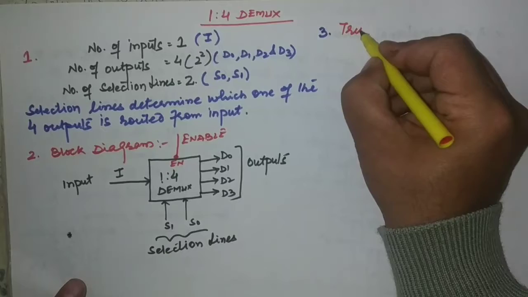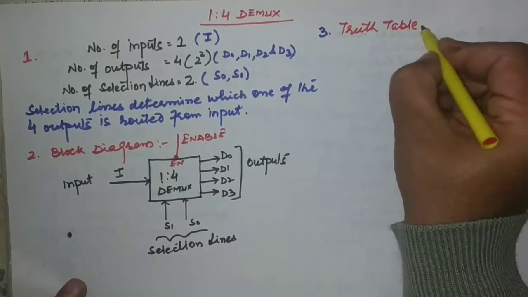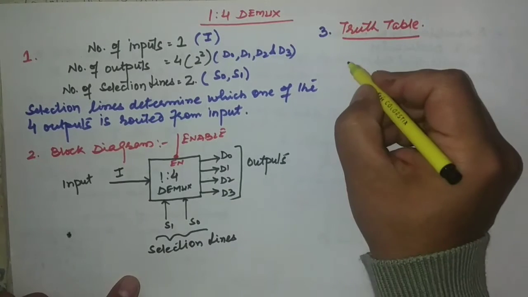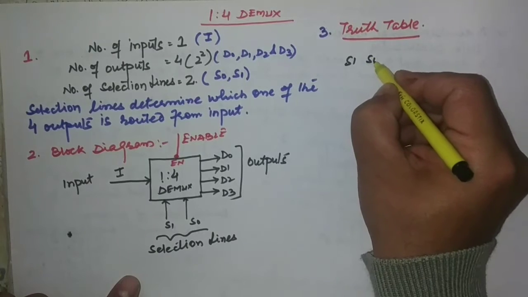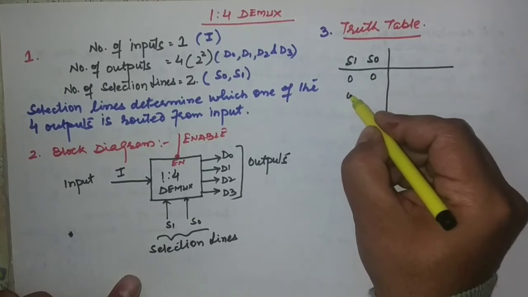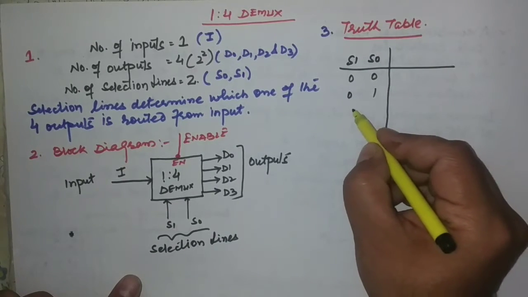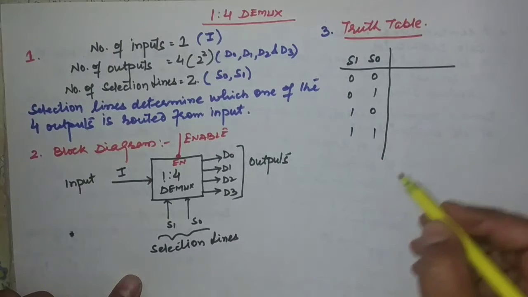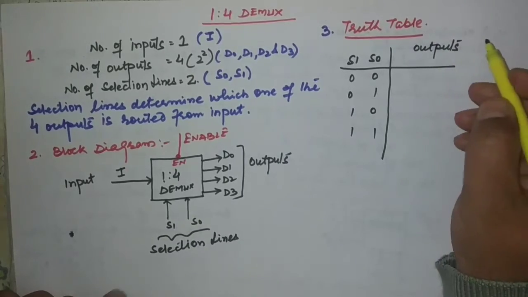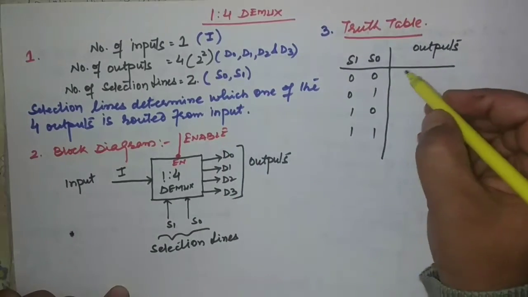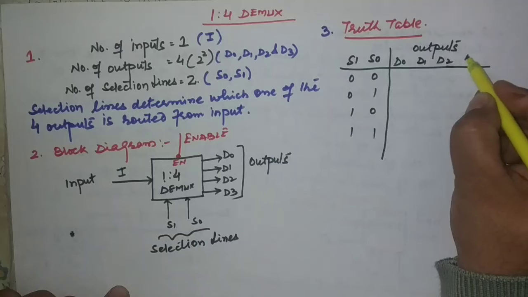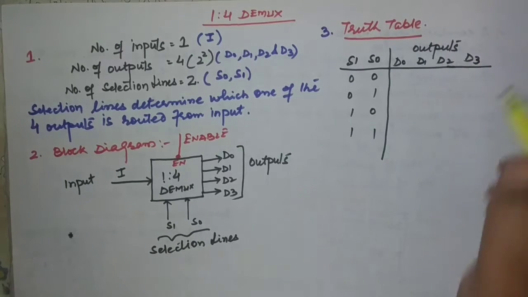Now the third thing that we must know is the truth table. The truth table has first the selection lines S1 and S0, and we know that we can have 4 combinations: 0 0, 0 1, 1 0 and 1 1. These are outputs: D0, D1, D2 and D3, a total of 4 outputs.